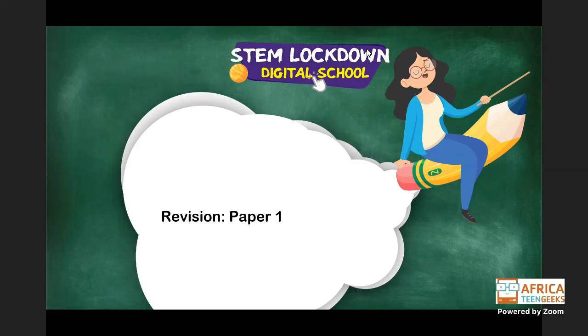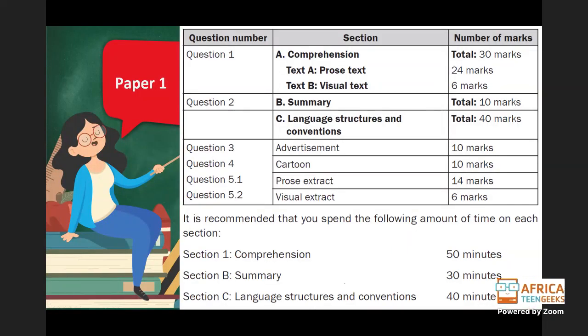Just before we start, let me remind you of the structure of the paper. We've done question one, comprehension, which is 30 marks. It would be text A, and then text B would be the visual text.